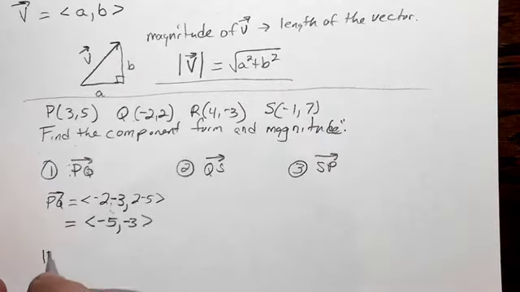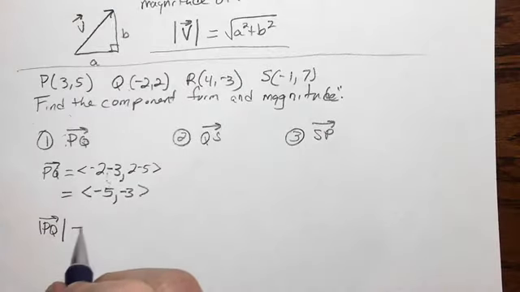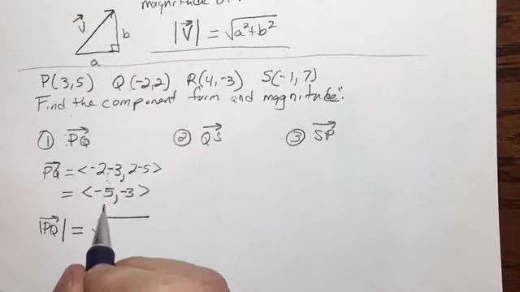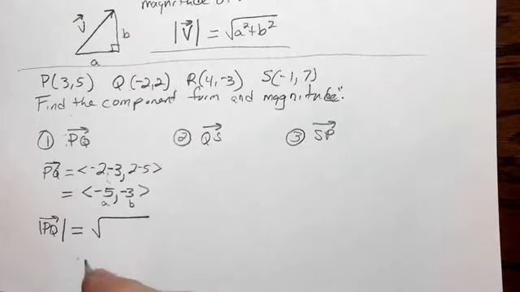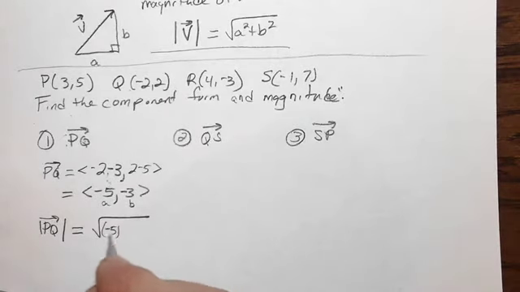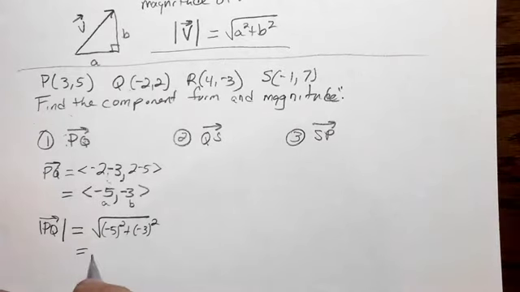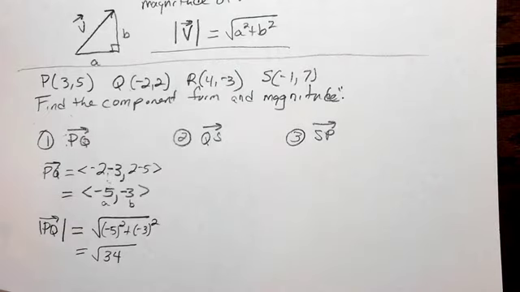The magnitude of that then is going to be the square root of -5 squared plus -3 squared. -5 squared is 25 plus 9, which is 34.